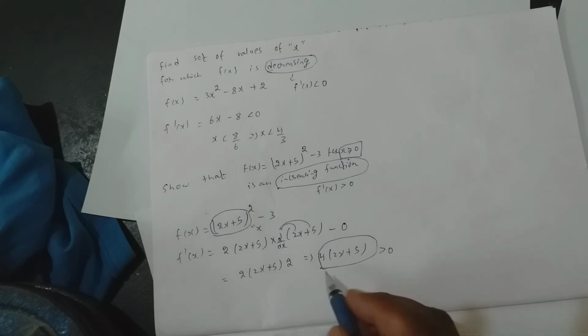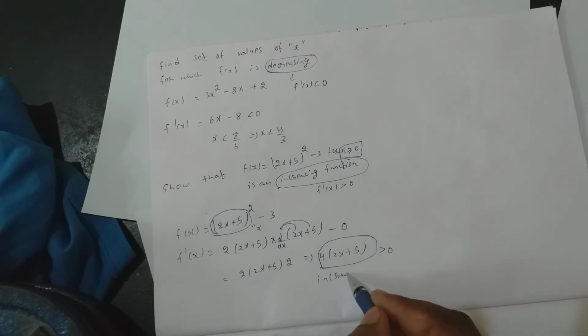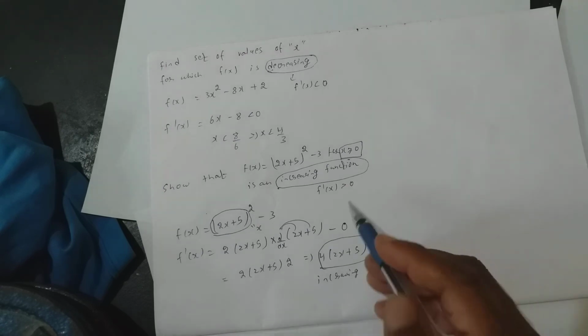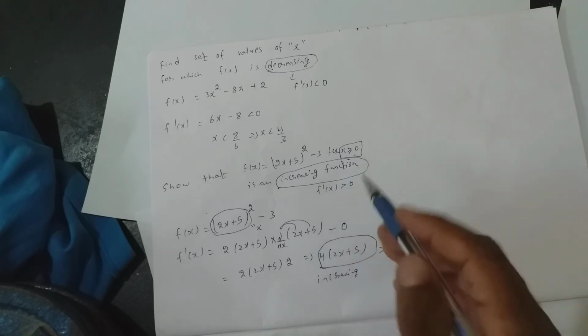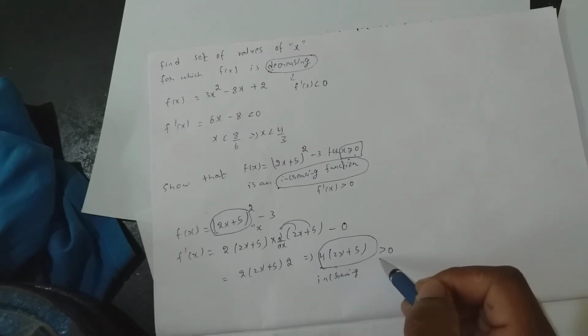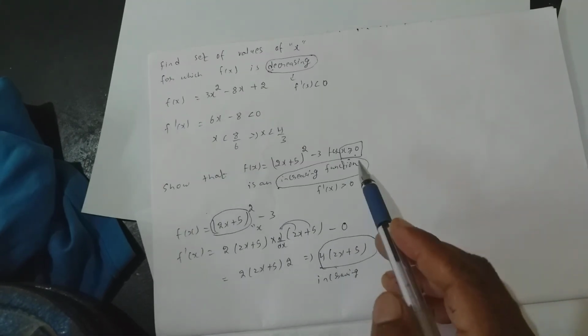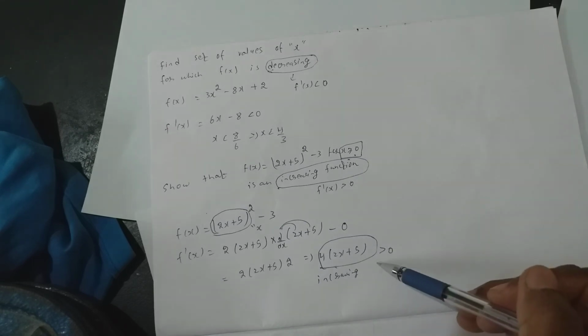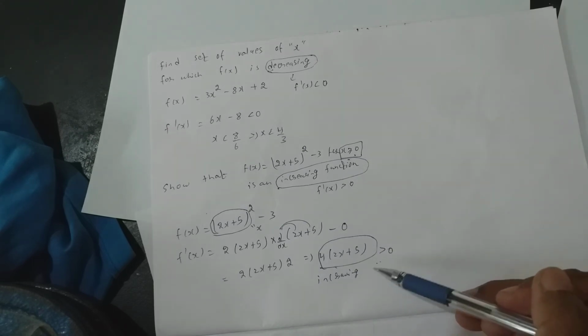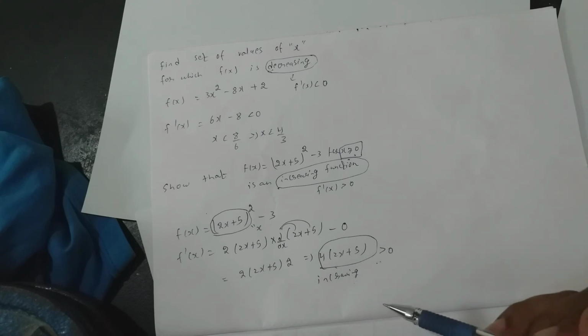So if it is always positive, the function is always increasing when x is greater than 0. If this condition was not given, I cannot say whether it will be greater than or less than. Depending on this condition, I can say that it's greater than 0. Since greater than 0, I can say it is increasing.